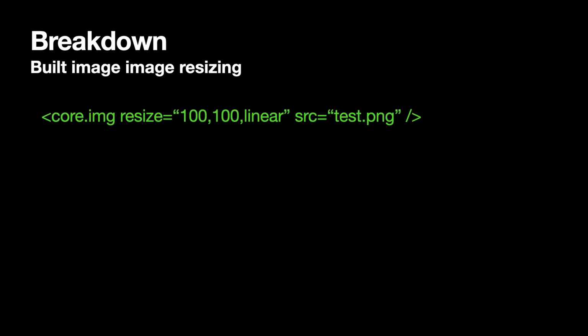And then finally, let's talk about automatic tasks. This tag right here, the image tag, can actually do resizing for you. This won't actually resize the source image, but will make a copy of that into a separate directory within the project that is sized down to the dimensions. In this case, it's 100 by 100 pixels using a linear algorithm.